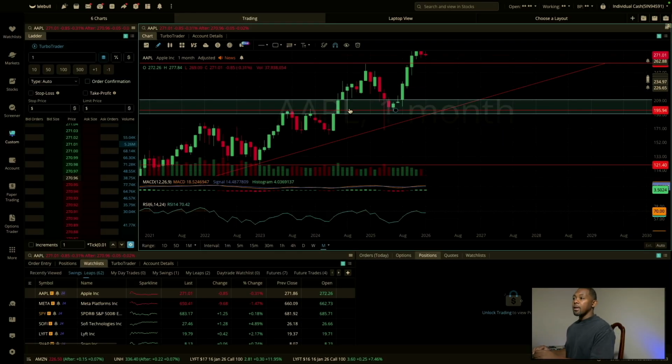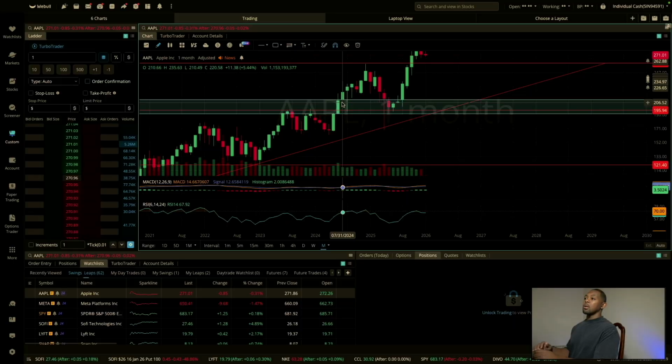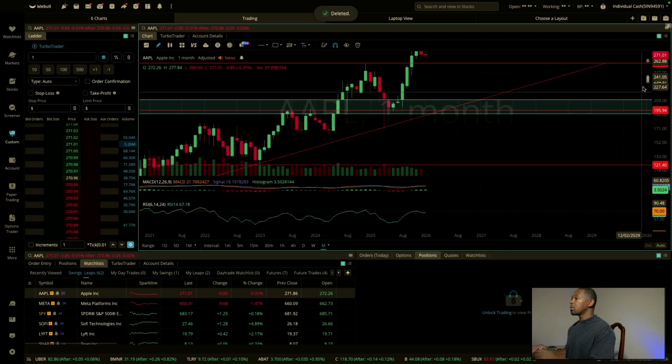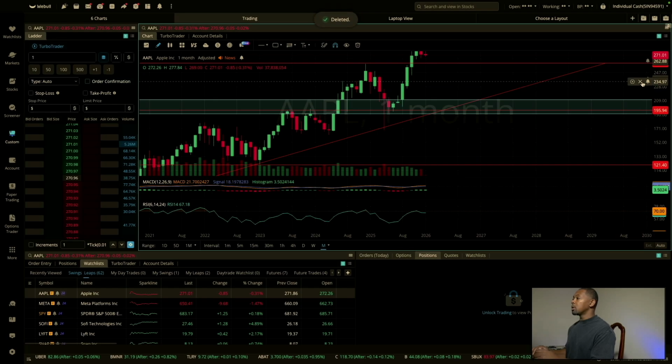When I have that amount of touches, if I see candles wicking into those areas, especially around where we have our levels marked off, that's a strong indication that we're going to see some level of price action again when we come back down to this area. So what you do is, let me delete all of these alerts.